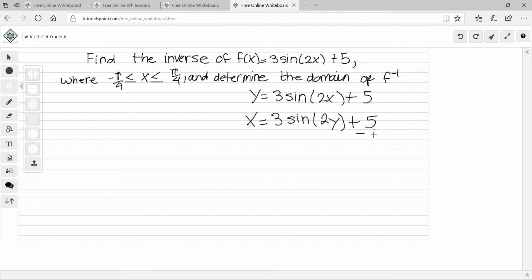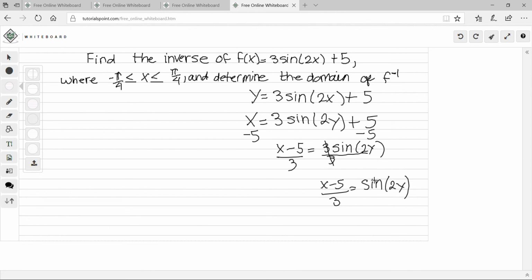Now I'm going to try to solve for y. So let's get rid of this 5. So you have x minus 5 equals 3 sine 2y. Let's divide everything by 3. So you're left with x minus 5 divided by 3 equals sine of 2y.